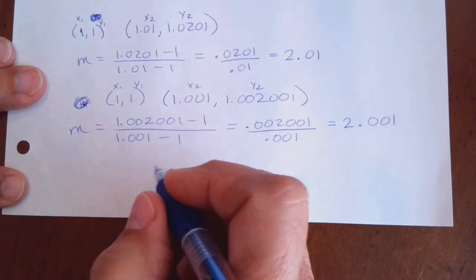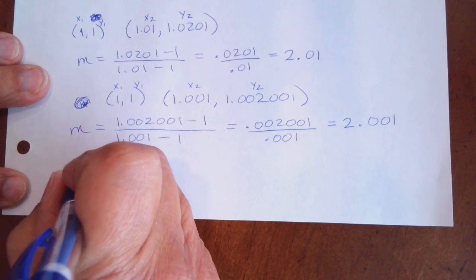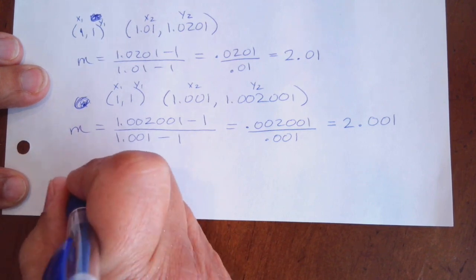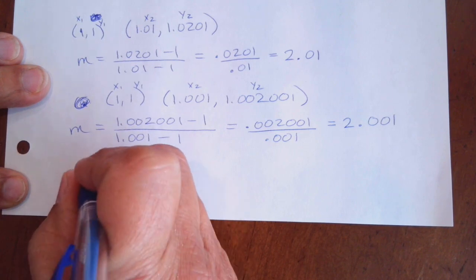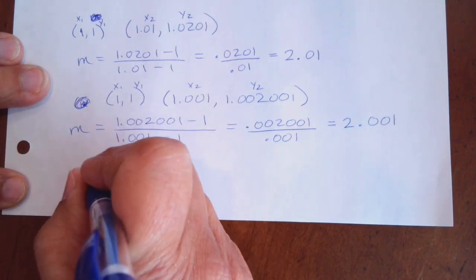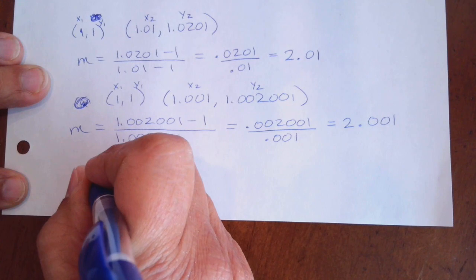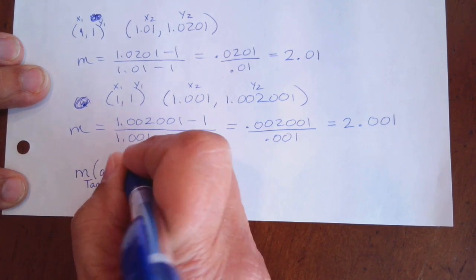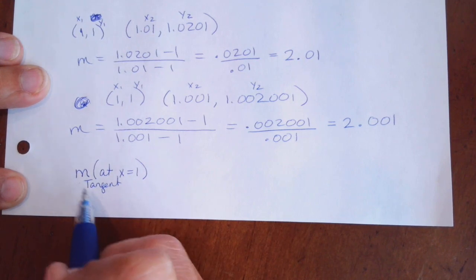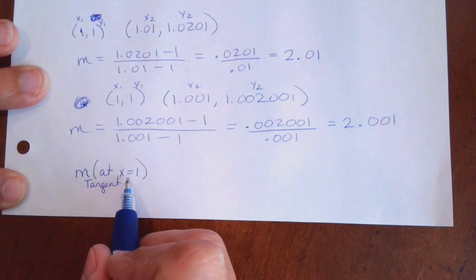So I don't really have the algebra to write, but I will say, what we're doing, we're trying to find the slope of the tangent line at x equals 1.